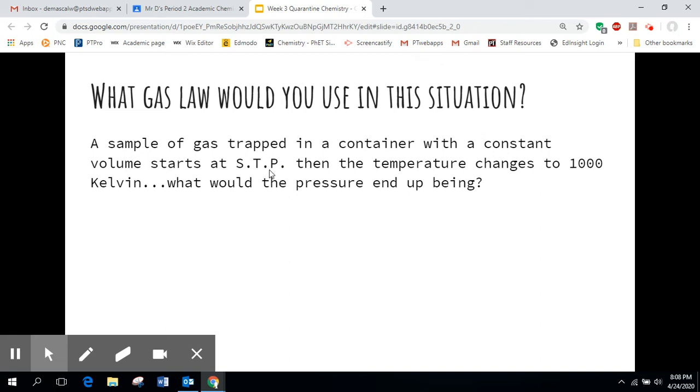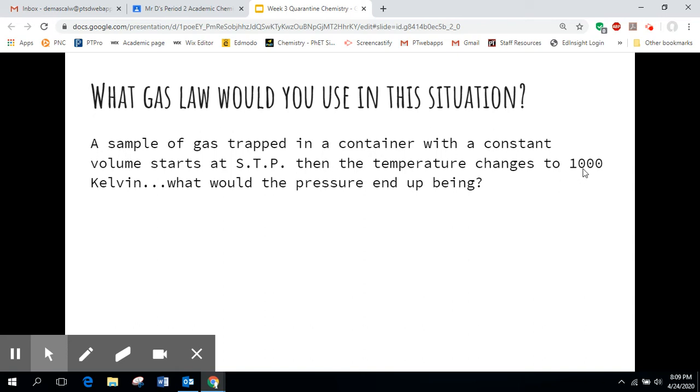So if you don't remember STP from week 1, go back and review what is STP equal to. 0 Celsius, 273 Kelvin, and 1 atmosphere, or 760 millimeters of mercury, or 101.325 kPa.